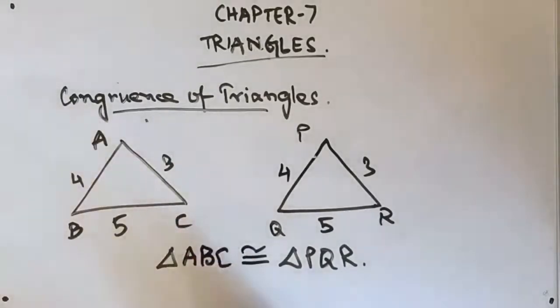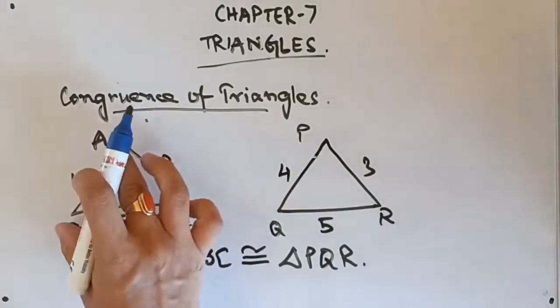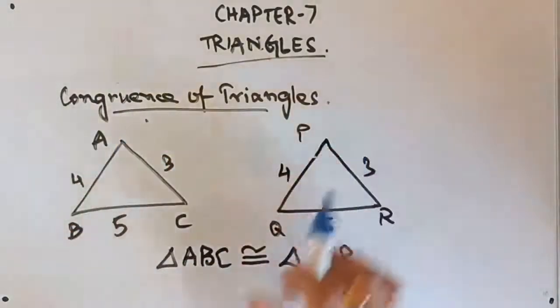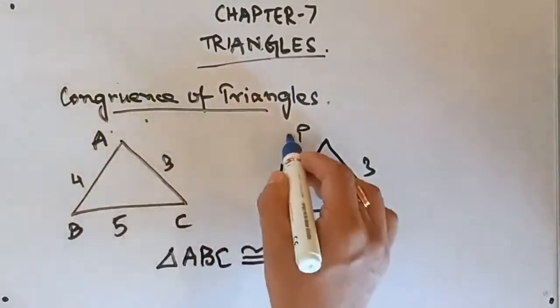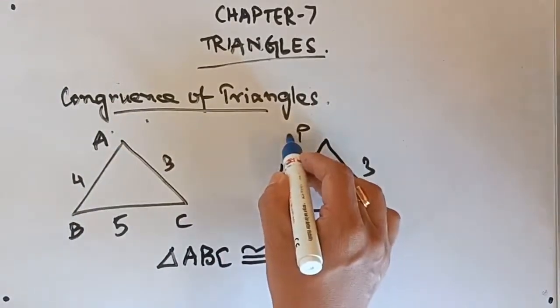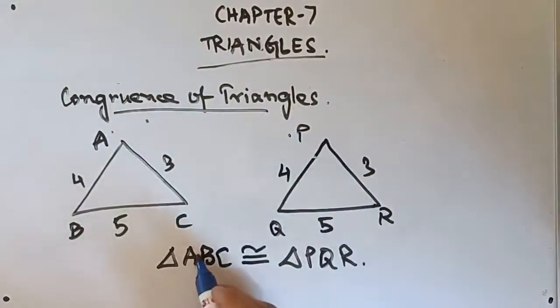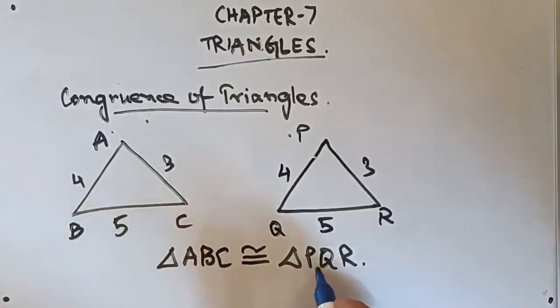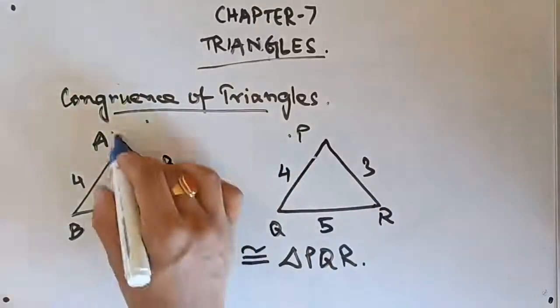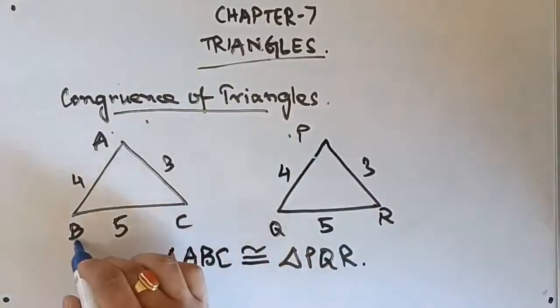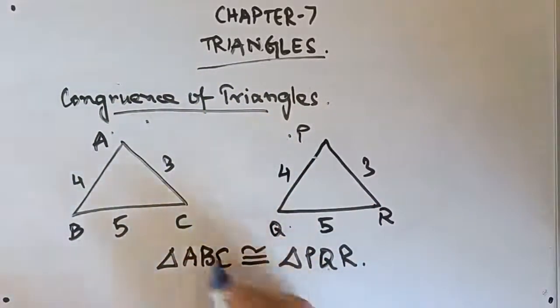For example, in these two triangles, side AB corresponds to side PQ, that is, vertex A corresponds to vertex P. So if you start writing A as the first vertex for triangle ABC, then you have to write P as the first vertex for triangle PQR. A, P, B, Q, C, R.